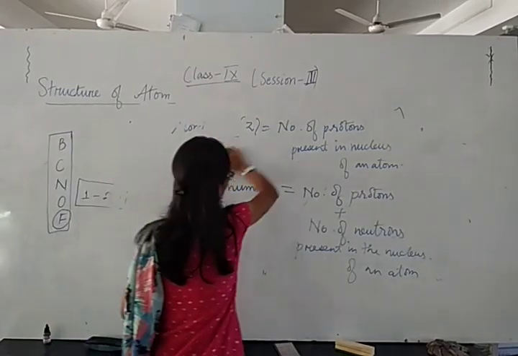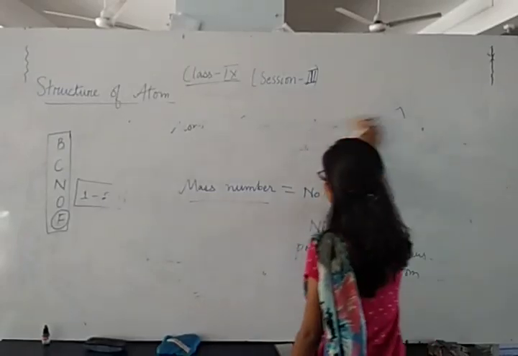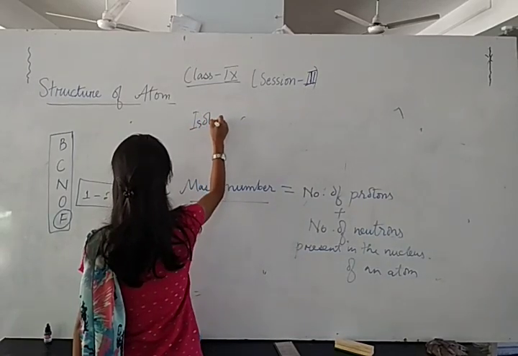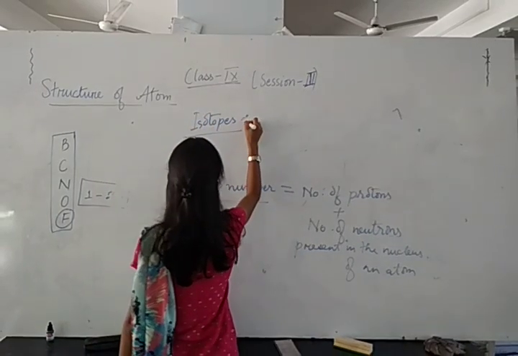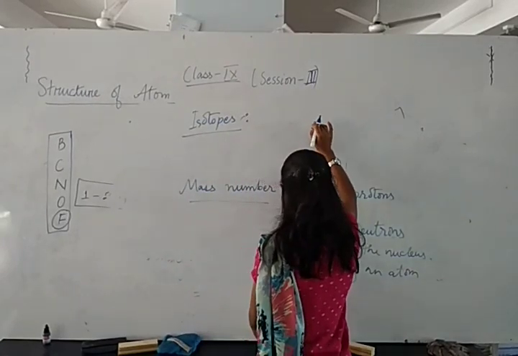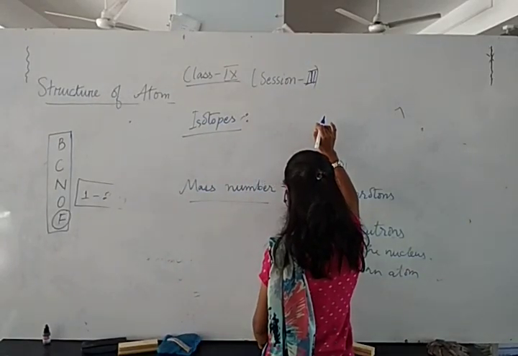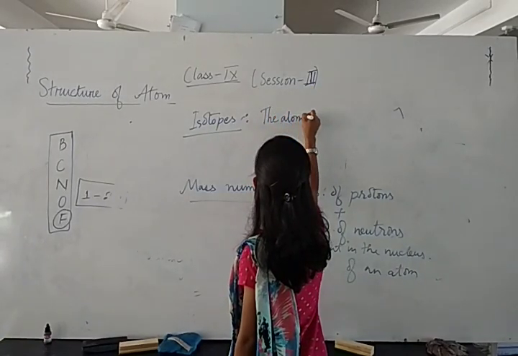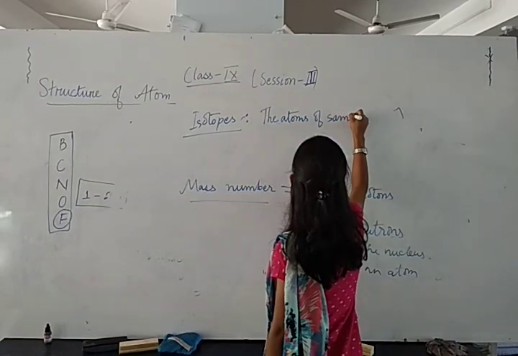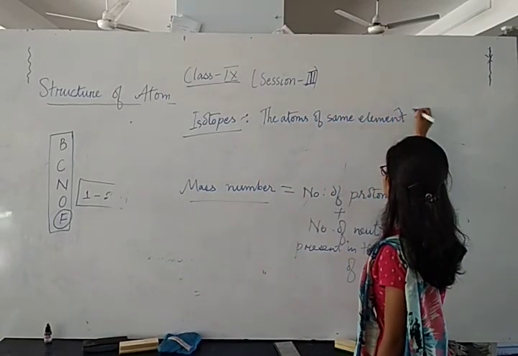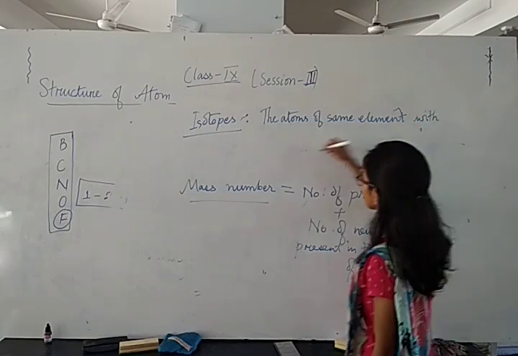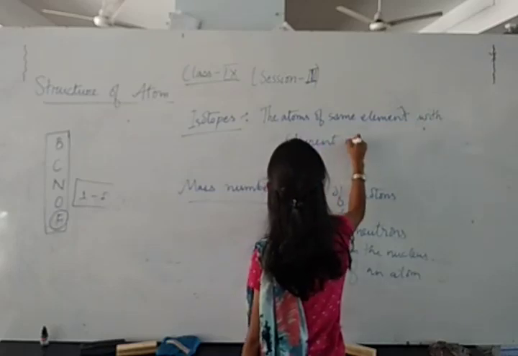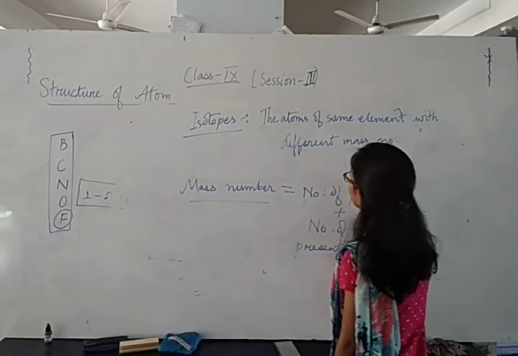Next comes the isotope. What are isotopes? Isotopes are atoms of the same element with different mass numbers.